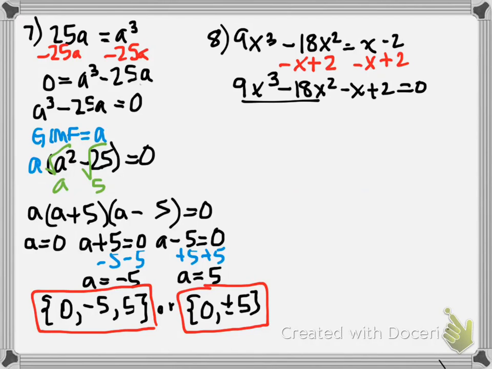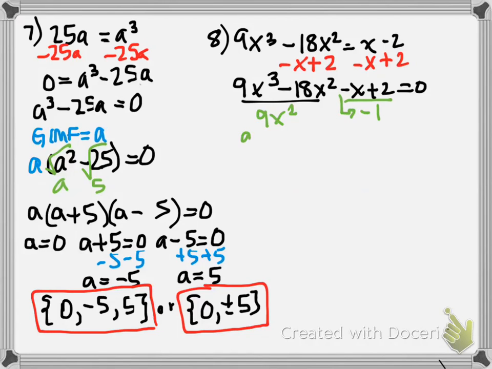And then we're going to factor by grouping. So the first 2 have a 9x squared in common, and the second 2, have to be careful, has a negative 1 in common.